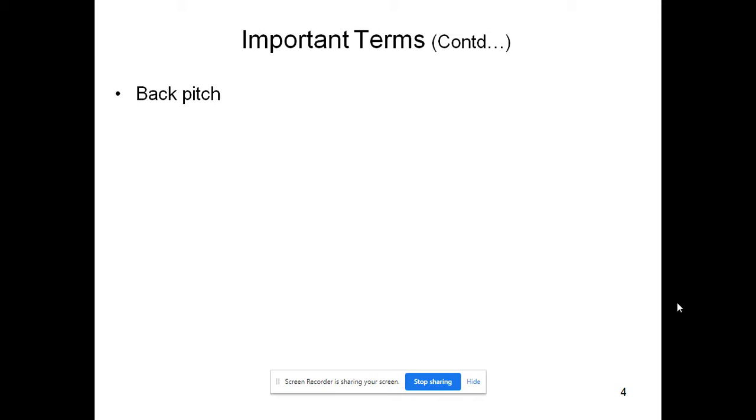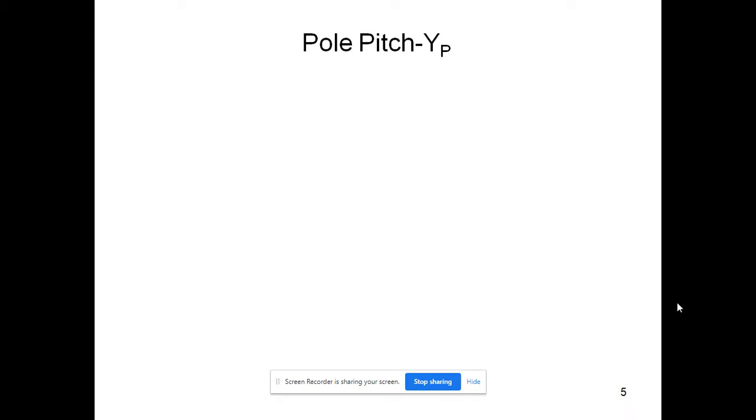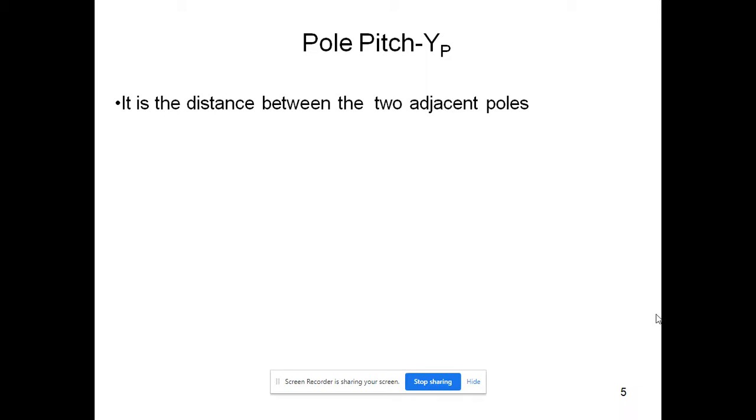Now let us learn the definition or what is meant by back pitch and front pitch, resultant pitch, commutator pitch. And first I would like to explain about the pole pitch, which is denoted by the term YP.